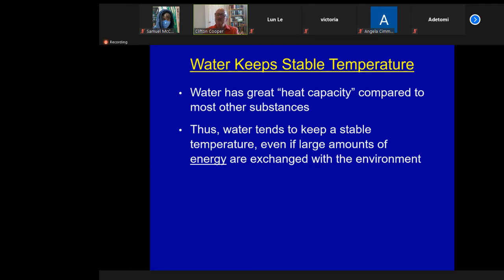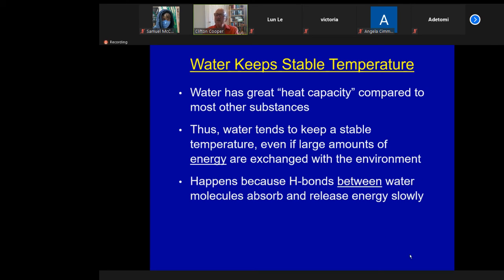Water's temperature doesn't change very fast. That's part of our homeostasis in our bodies. The fact that our bodies keep close to a stable temperature, even though the external environment changes, has a lot to do with us being mostly made out of water.